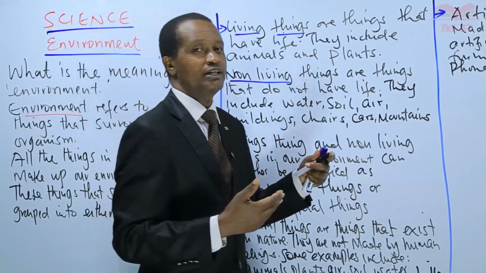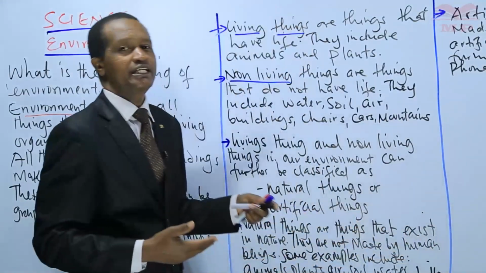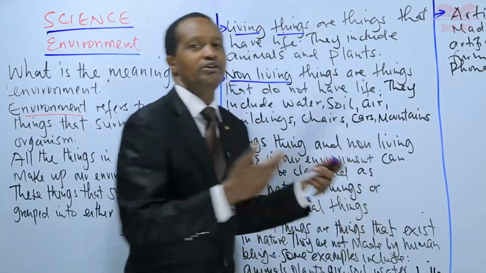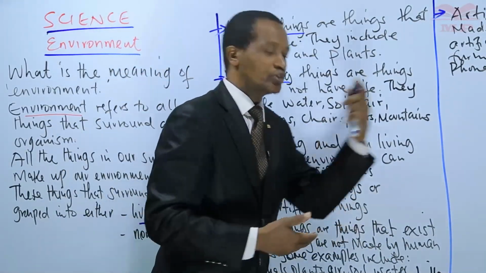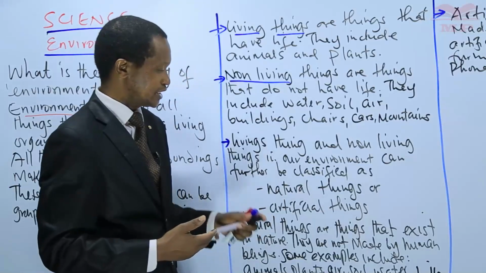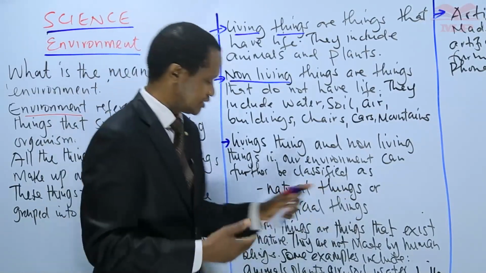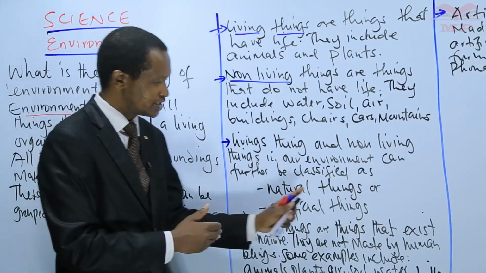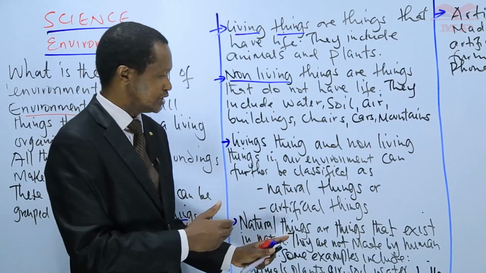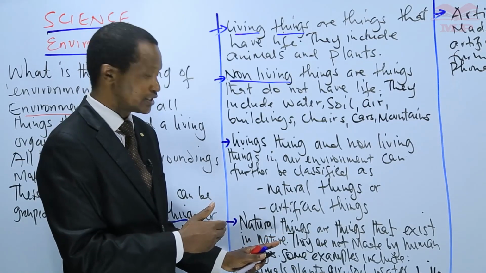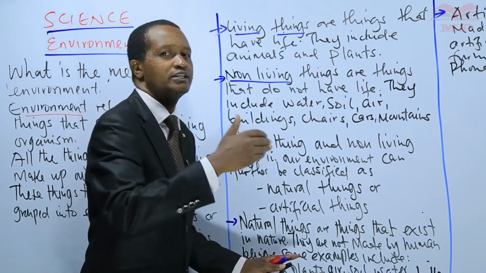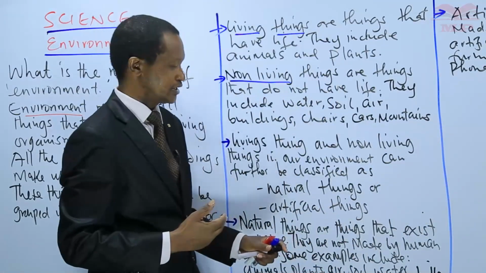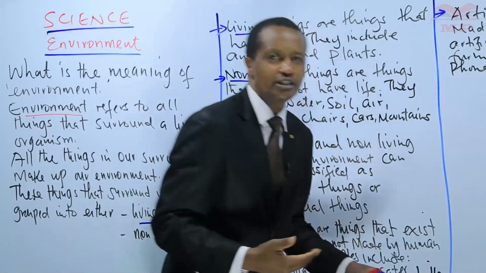So there are natural things that exist in nature. They are not made. You cannot make a human being. You cannot make water. Stones, we get them in nature. So these are natural things. Then we have artificial things. Artificial things, we've said, are things that are made by human beings.